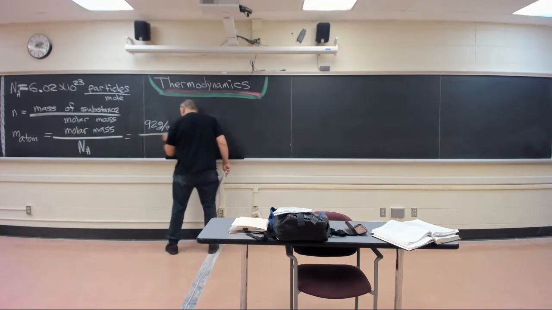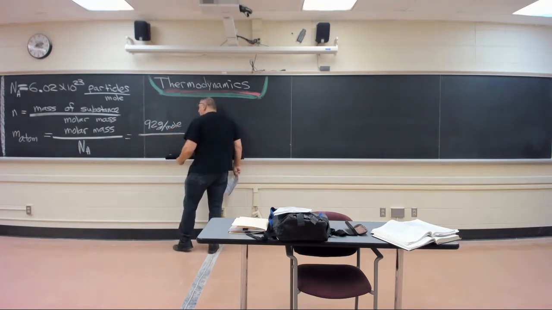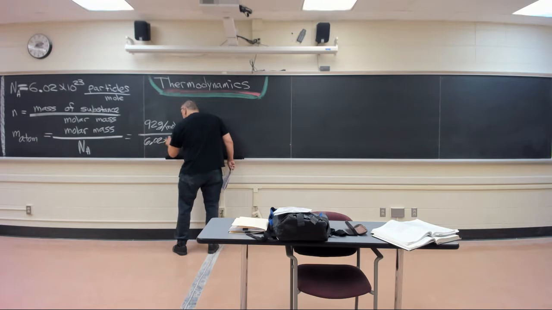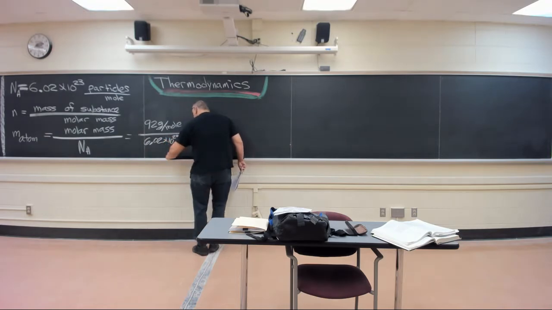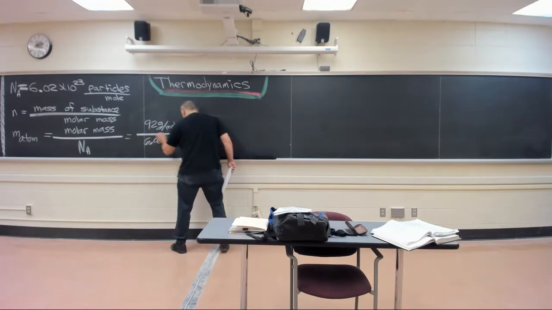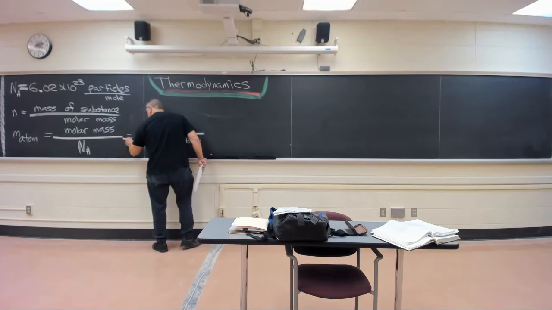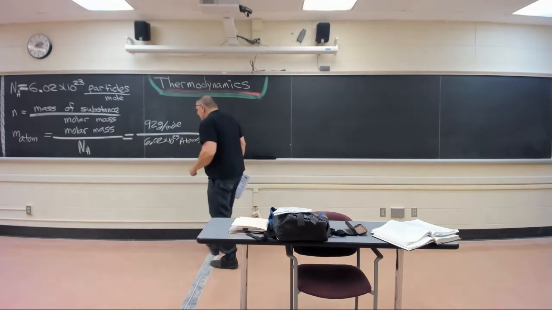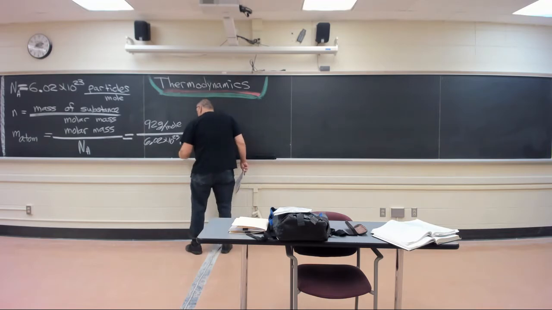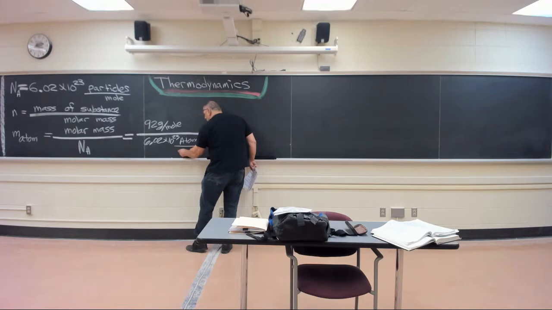Fantastic. Avogadro's number is 6.02 times 10 to the 23rd atoms for 1 mole.